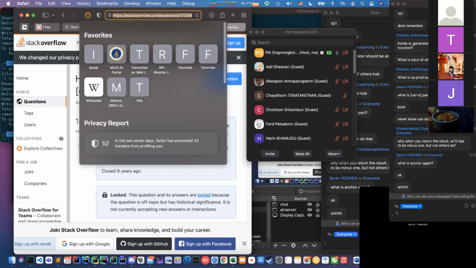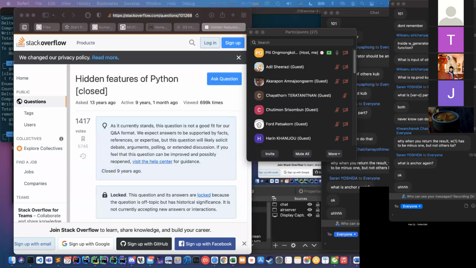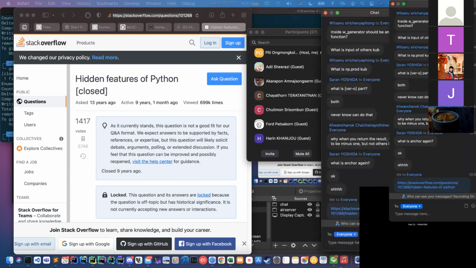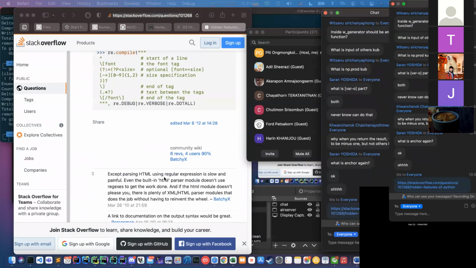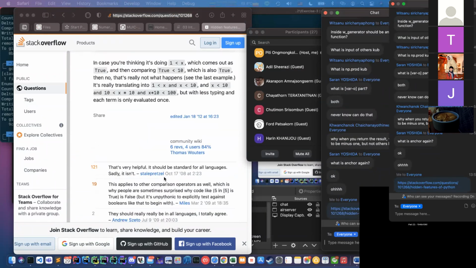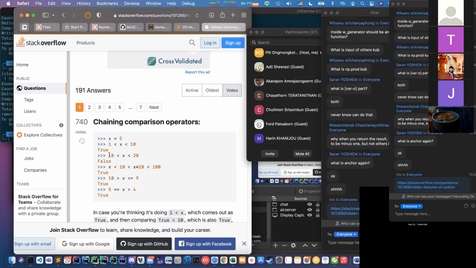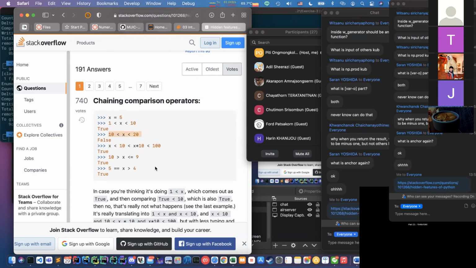There are a lot of weird, funny things you can do with Python. For example, it's the only language I know that can do chaining of comparisons, even by now. Scala or Rust doesn't do this.